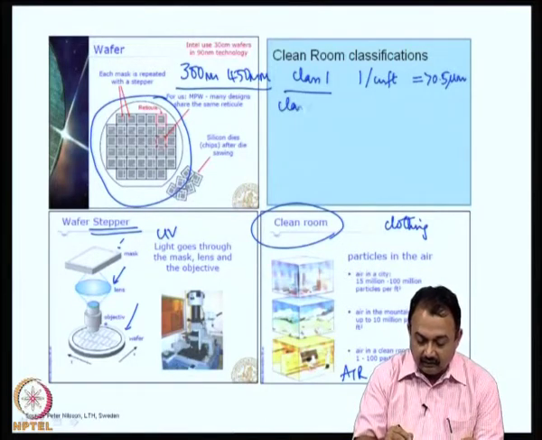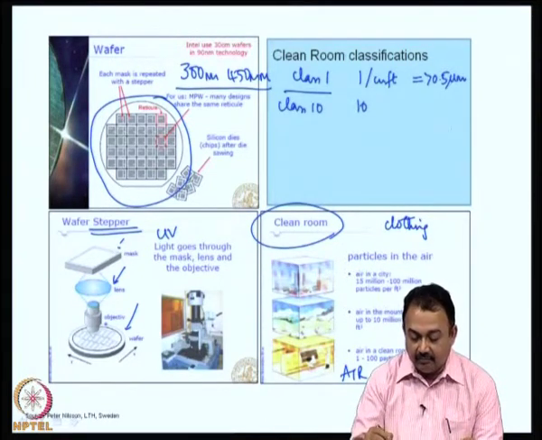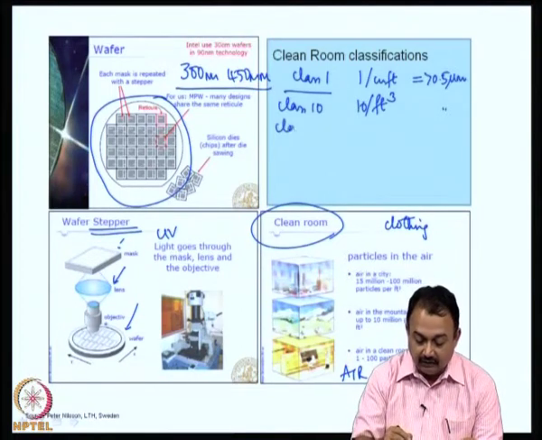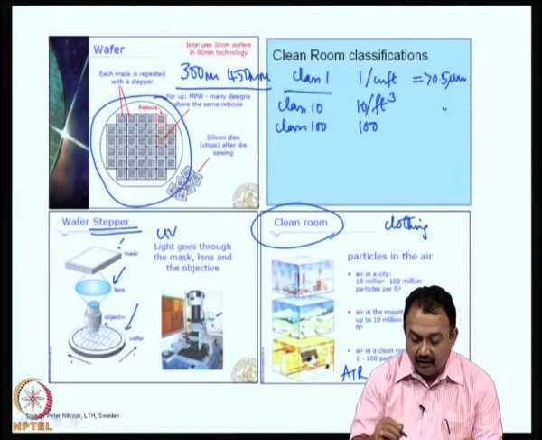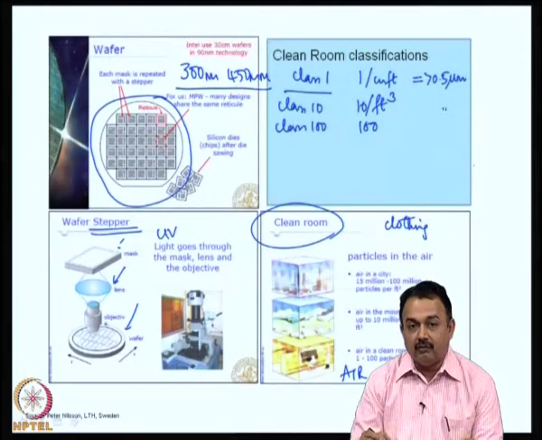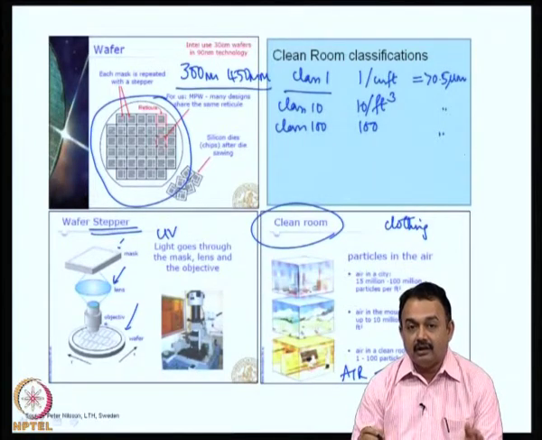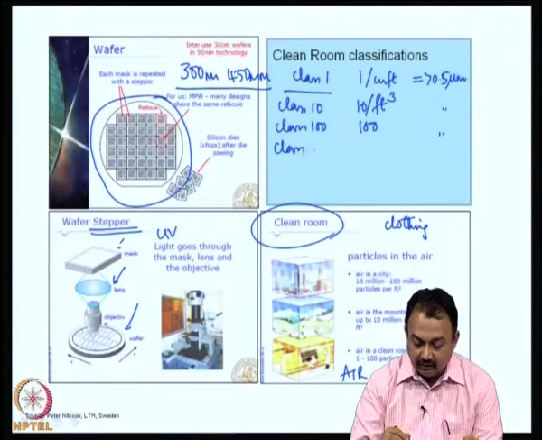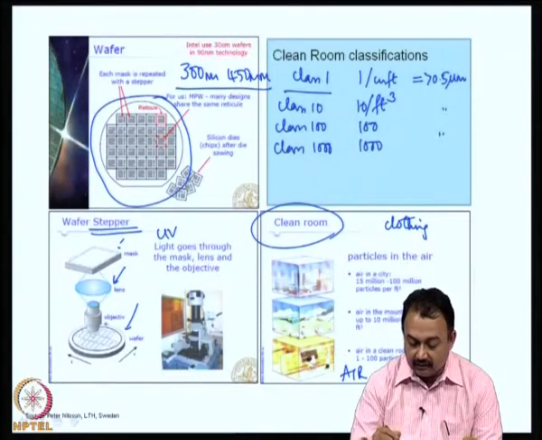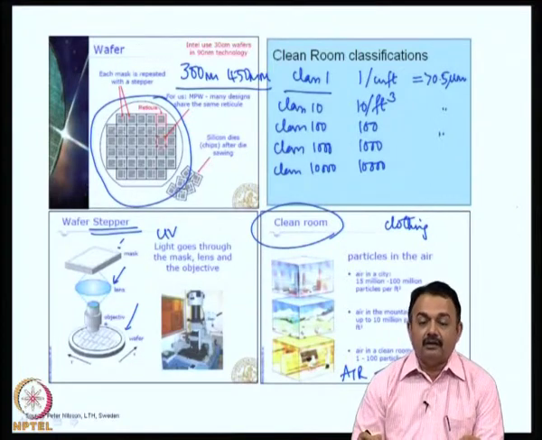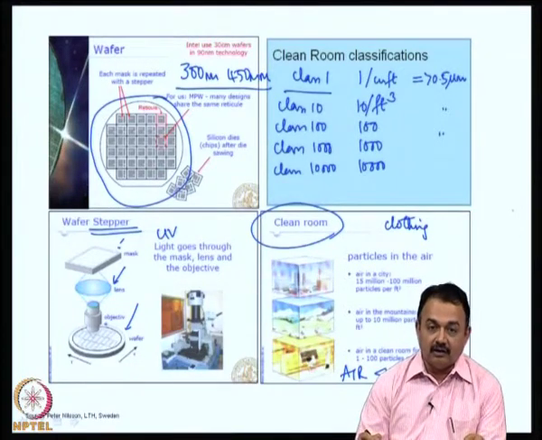Then comes class 10, that means you can allow 10 particles of the same dimensions per cubic feet, right. Then comes the next classification, class 100, where 100 particles per cubic feet of the size 0.5 micron equal to or greater than is allowed. Then comes class 1000, that means 1000 particles, then class 10,000, 10,000 particles. Beyond that, it is not a clean room for certain areas in the semiconductor manufacturing.